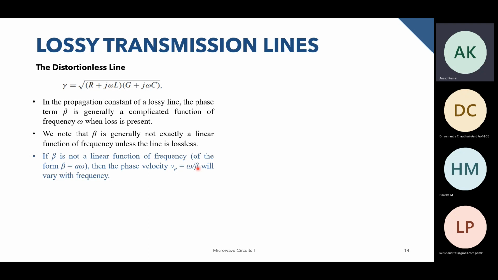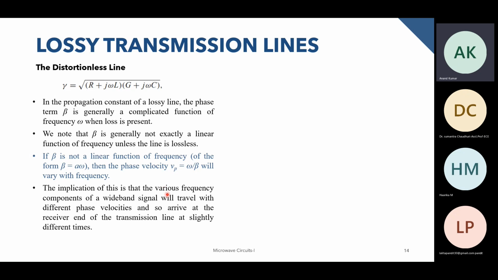But if beta has higher order terms of omega, the phase velocity will become a function of frequency, and when this happens, waves of different frequencies will travel through the medium at different velocities.